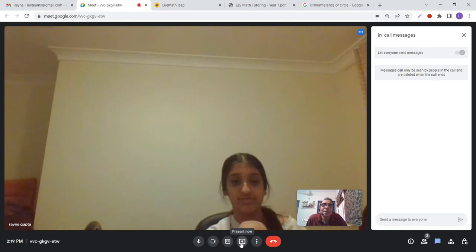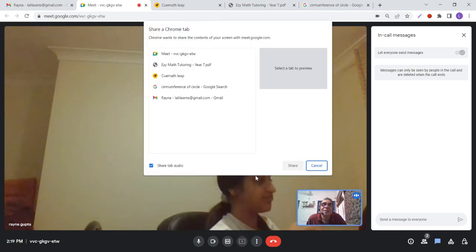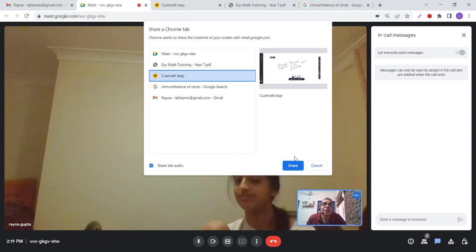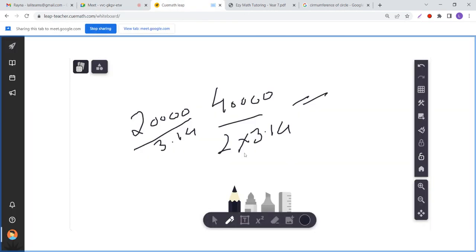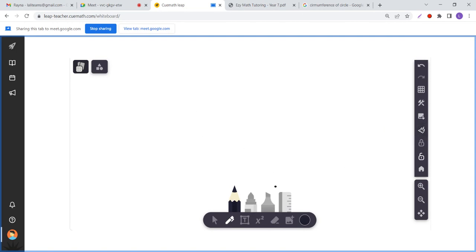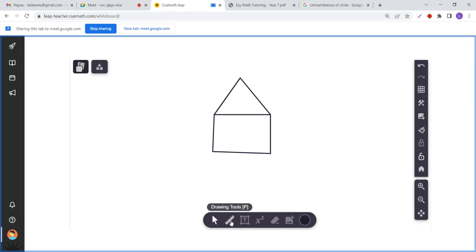Let's say this is a square, and this is an equilateral triangle that rests exactly above it.